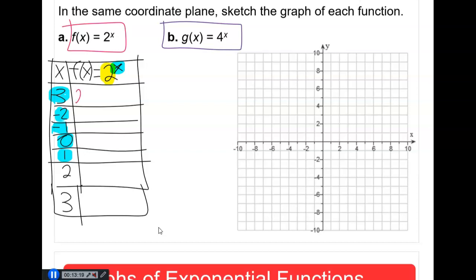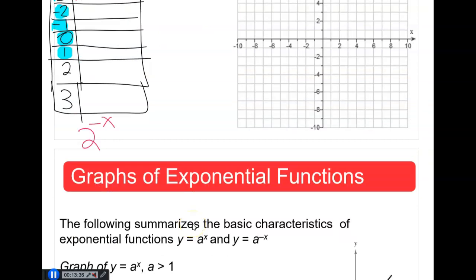So let's do this. So we have 2 to the power negative 3. In this case, there is a rule with exponents that if you have a negative exponent, you could use the inverse of this number, and then the exponent will remain with the 2, but it will be positive because you are switching it from being the exponent of the numerator to being the exponent of the denominator.